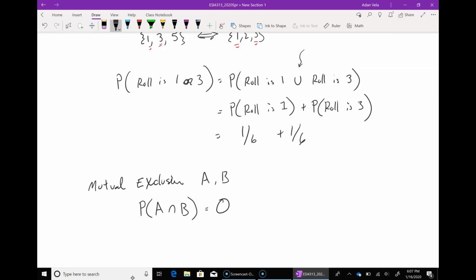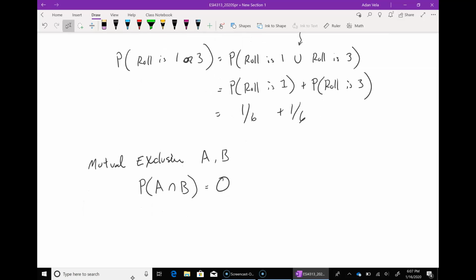This is going to be equal to 0. Now, if I ask you what's the probability of rolling an A or a B, in that case, if A and B are mutually exclusive, that's equal to the probability of A plus the probability of B. Okay, and that's this example we just did here.